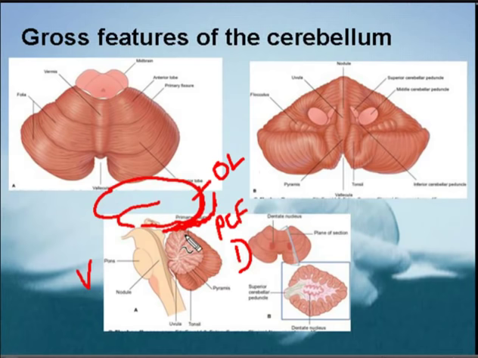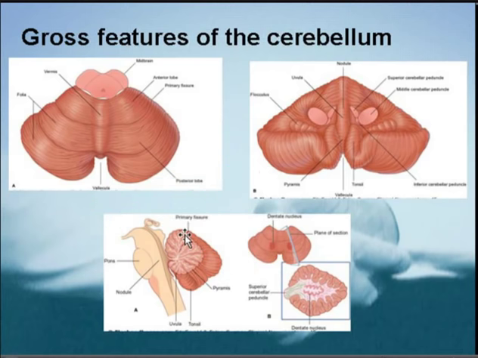It is the largest part of the hindbrain, which consists of the pons, the medulla, and the cerebellum. So it's the largest part of the hindbrain. And here in this image you can see that, as I said, this was the ventral aspect and this is the dorsal aspect. If you look here, the cerebellum is dorsal to the pons and the medulla, and we already mentioned it in an earlier presentation.